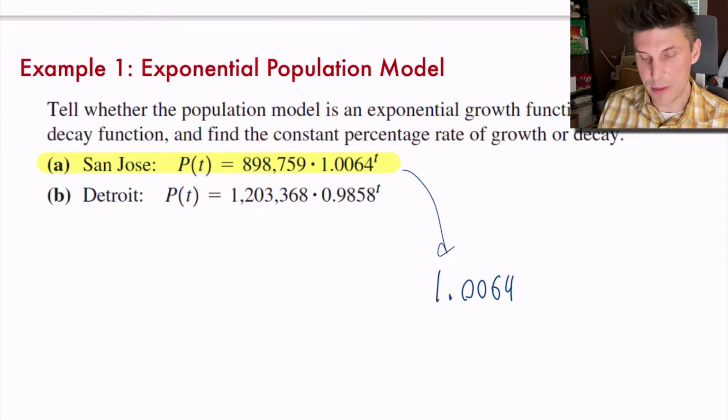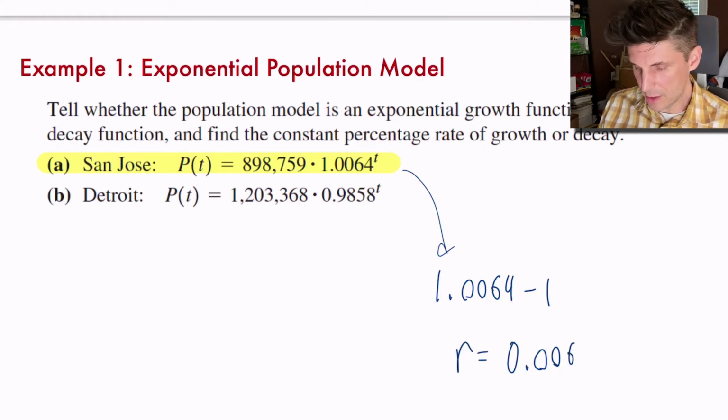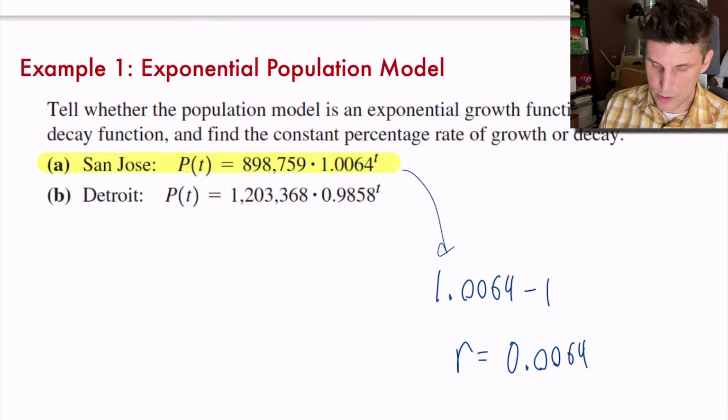That's the number that is the base of our exponent. Let's just subtract 1 off of that so we can get our actual rate, which we know now r is going to equal 0.0064. Or you could say, move that decimal over 2 places, it's going to be 0.64%.